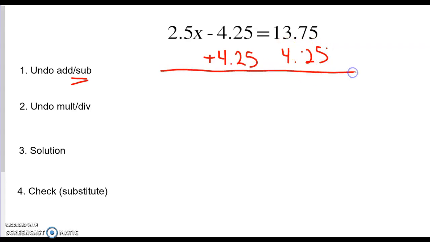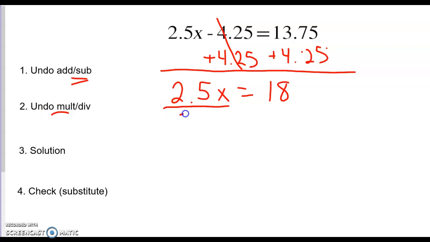That's going to allow me to cancel these out. And I'm going to bring down 2.5 times x equals 13.75 plus 4.25 is 18.00, or just 18.